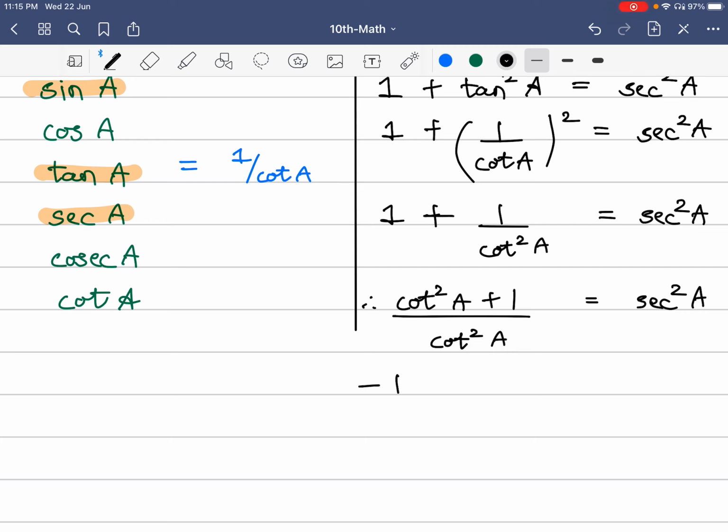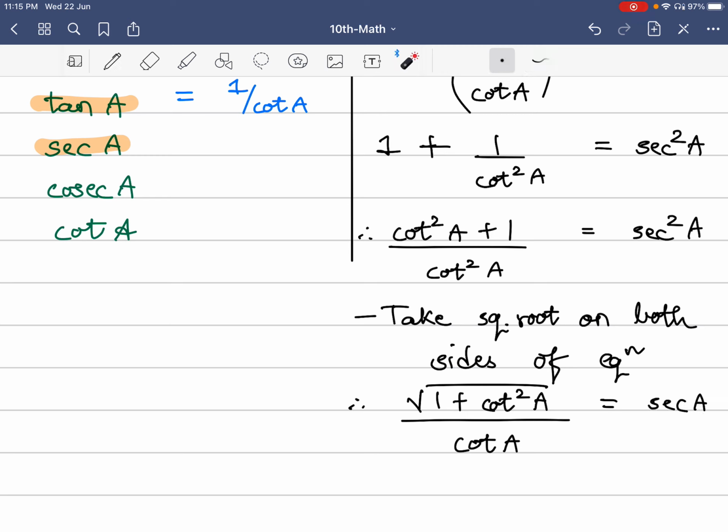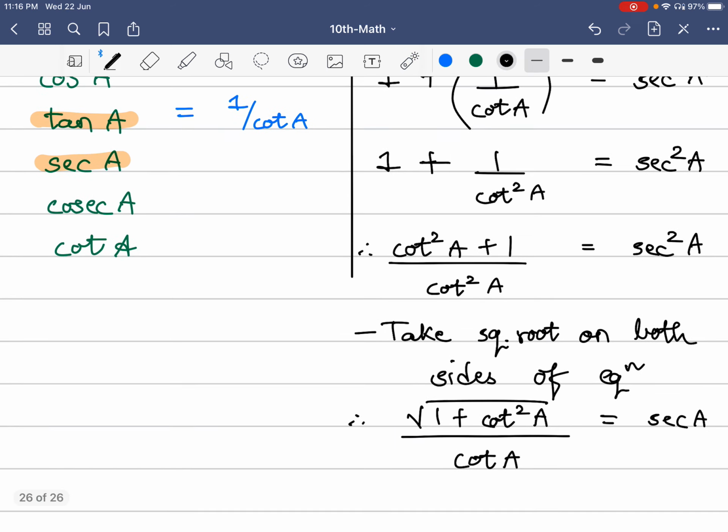Okay, and therefore we are going to get under root of 1 plus cot square A. This is my numerator, the whole upon cot A, because we have cot square A, its square root will be cot A. That is going to be equal to sec of A. Okay, so thus sec of A is expressed in terms of cot A. So I'm going to write this answer here.